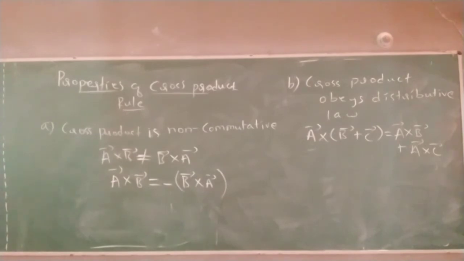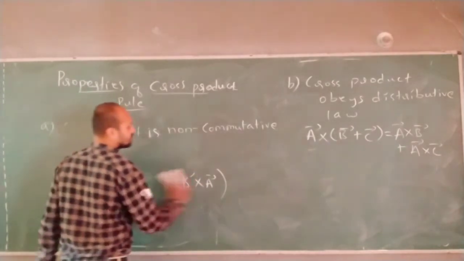Then, the magnitude of cross product of two vectors is maximum when? I will write this third property.